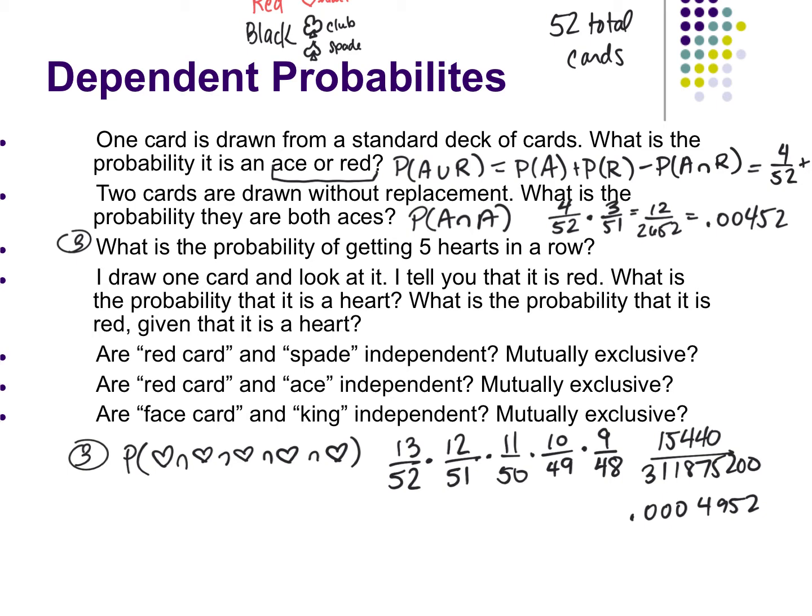A flush is one of the higher hands you can get. It is higher than a straight because there's more ways to get a straight. A straight is like 2, 3, 4, 5, 6. A royal straight is 10, jack, queen, king, ace.